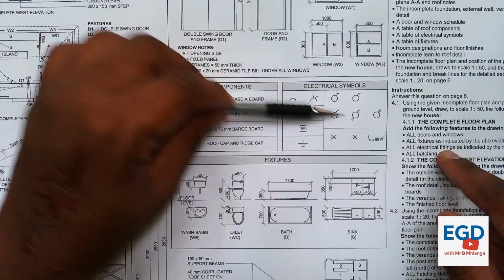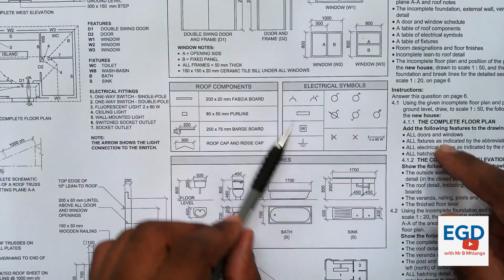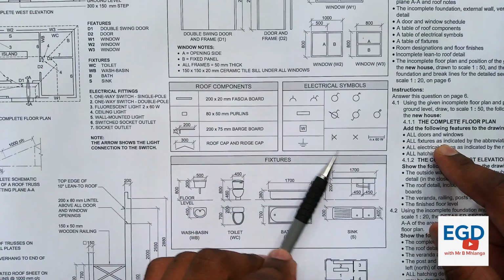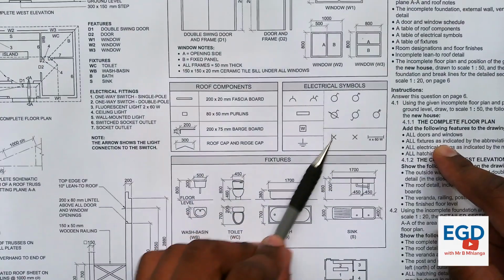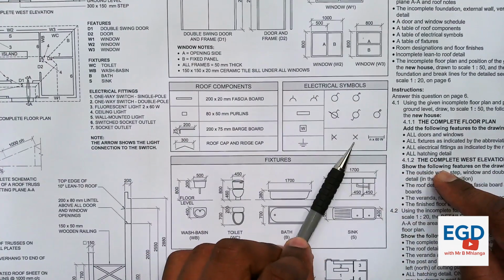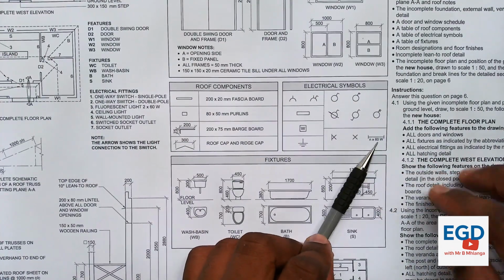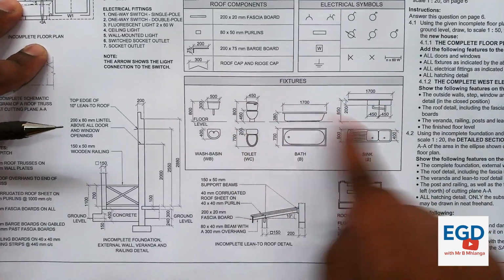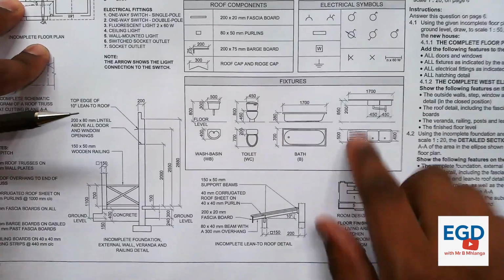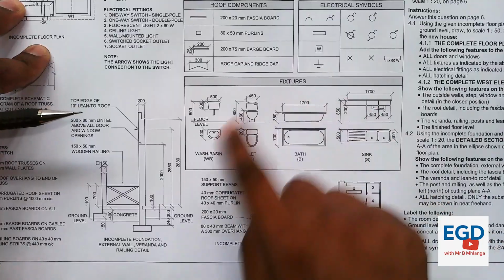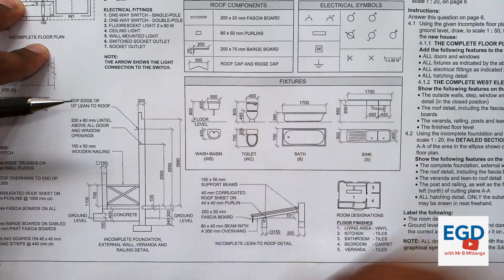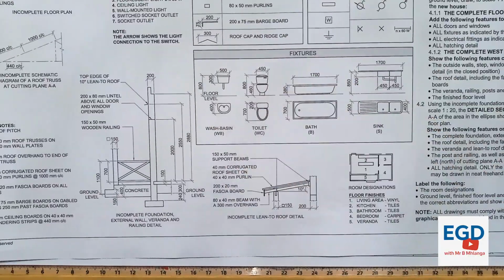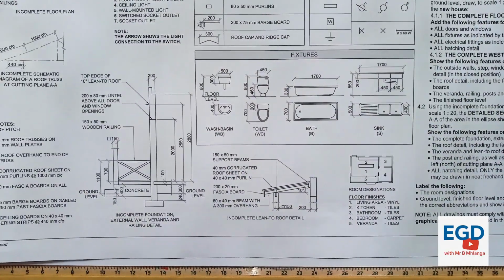I have the distribution board, the electrical meter, the earth, the outdoor light, the ceiling light, the fluorescent light, and then we are given the fixtures with dimensions. You must know the graphical representations of these fixtures so that when you draw them on your floor plan, you draw the correct symbol.